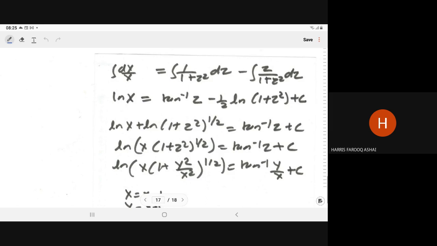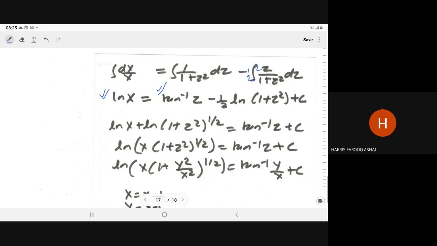The first integral will be ln X. This integral is a standard one, tan inverse z, and the other, if you multiply and divide by 2, will become minus half ln of 1 plus z square plus c. So this can be written as ln X plus ln of 1 plus z square to the power half is equal to tan inverse z plus c.